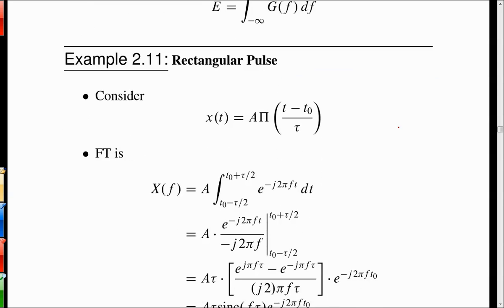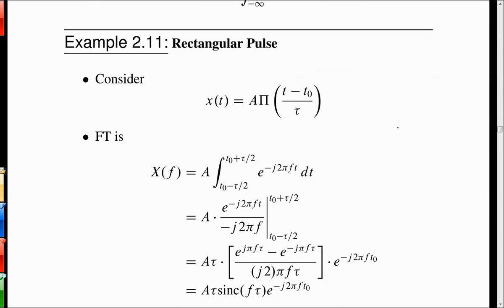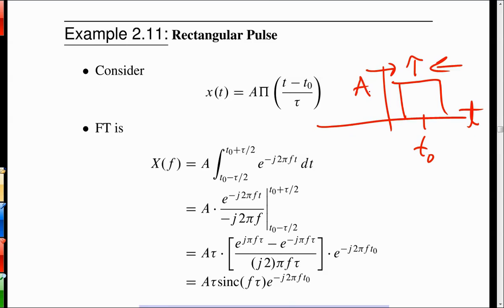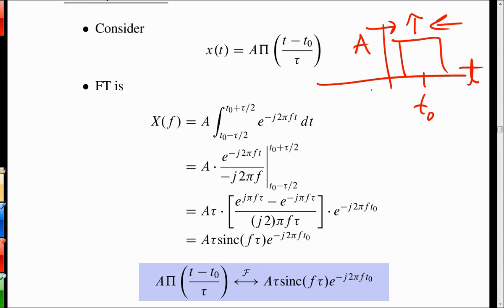Okay, the fundamental signal to do a Fourier transform of is the rectangular pulse. So this is just a single pulse instead of a pulse train. It's something centered on little t naught, with width tau, amplitude A. It's just a finite duration signal, so you go through the integral.